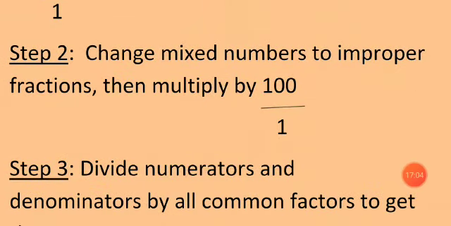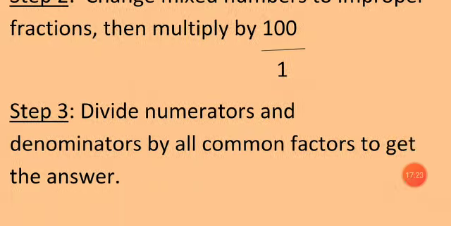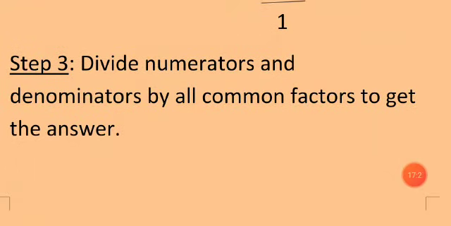Step 2: if the common fraction we are given is in form of mixed numbers, we simply change the mixed numbers to improper fractions before multiplying by 100 over 1. After we have done this, we have to divide the numerators and the denominators by all common factors so that we can have our answers in the lowest term.